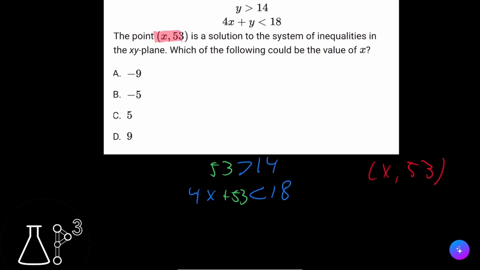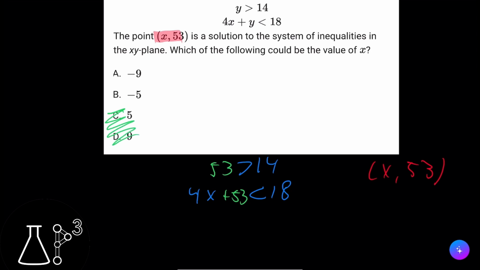So the thing is that if I use C and D, they're both positive numbers. And if I multiply 5 and 9 by x, I'm going to get a number that's positive, and then that's greater than 18. So both C and D are incorrect because we need a negative number.